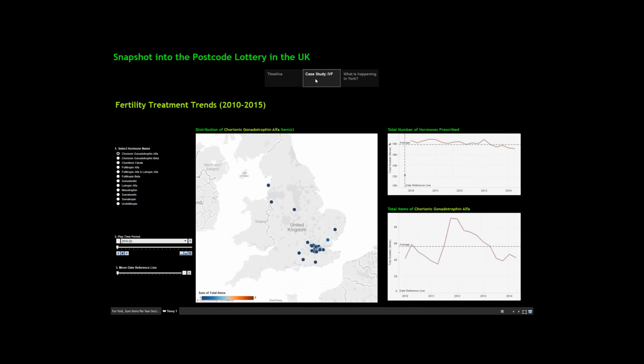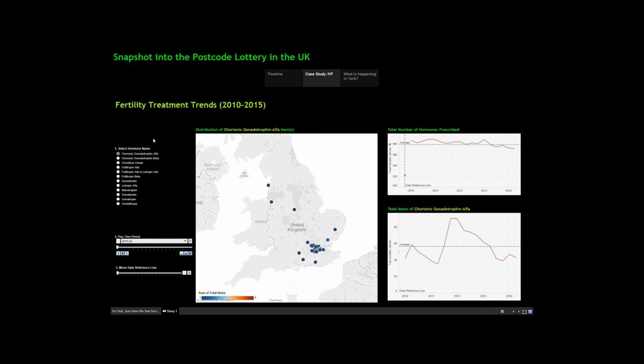So my case study was into IVF, into fertilization. One of the stages for IVF is the induction of ovulation. This is a fertility treatment for women, essentially giving them some hormones to produce eggs.